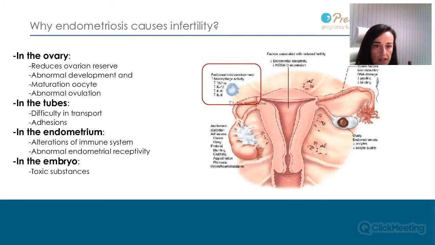In all the locations, there are toxic substances that are dangerous for the embryo, the sperm and also the oocytes. So all the environment in endometriosis is not good for the implantation and for the fecundation.